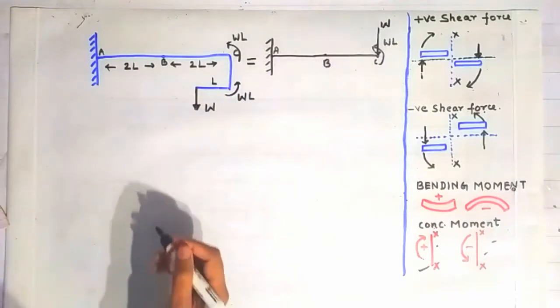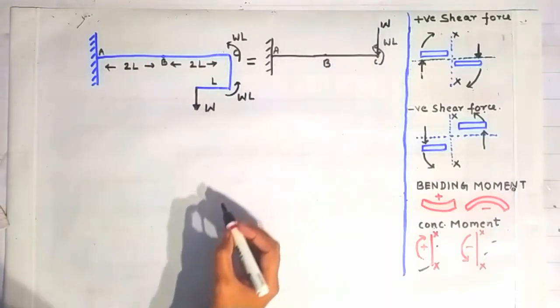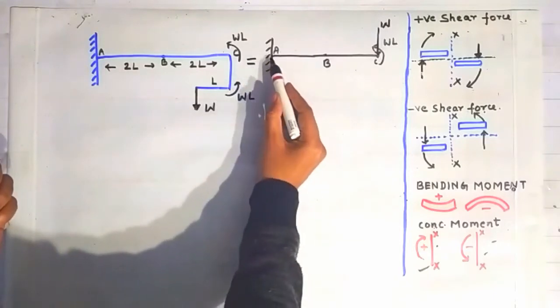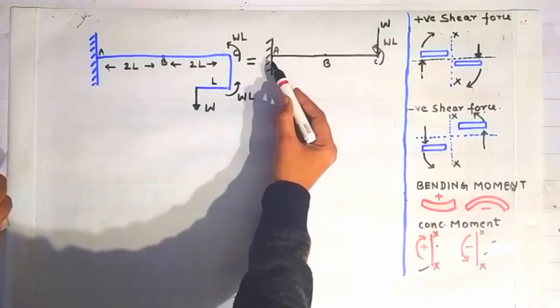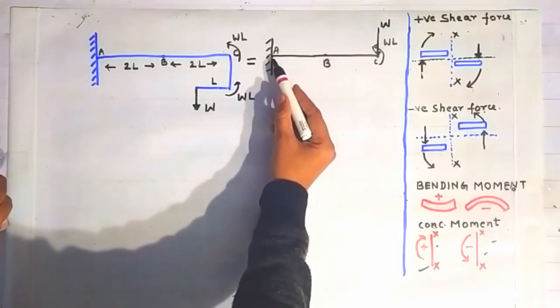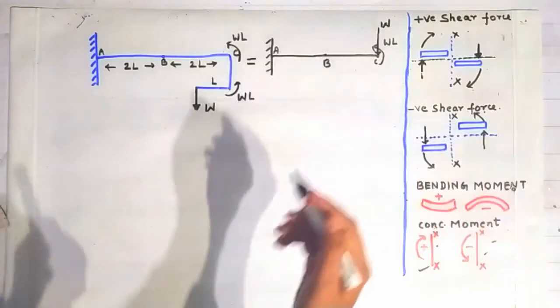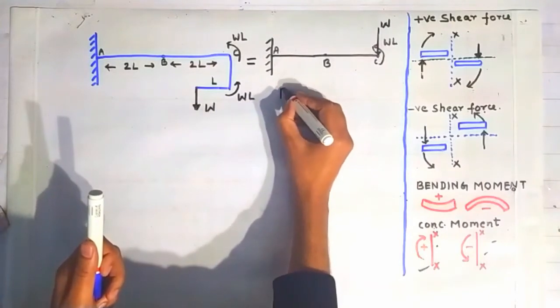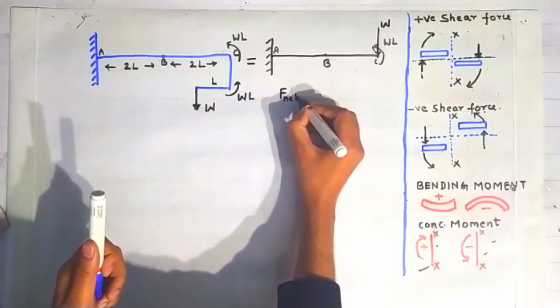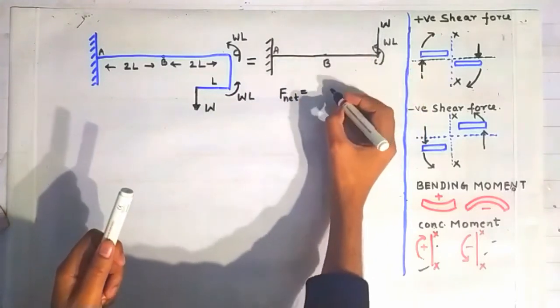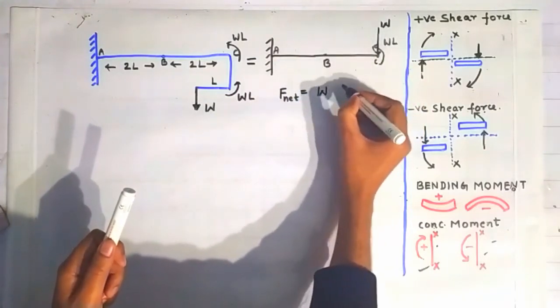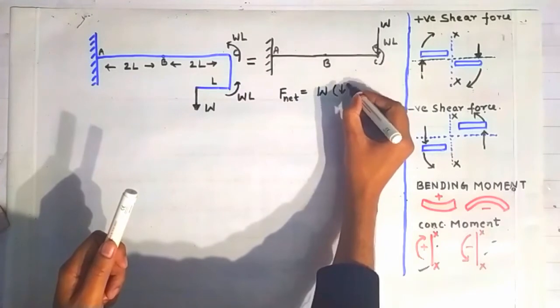Now friends, the first thing that we have to find out is the reaction at the point A, that is the vertical reaction at the point A and the moment reaction at the point A. So the net force acting over this cantilever beam is how much? W, which is acting in vertically downward direction.